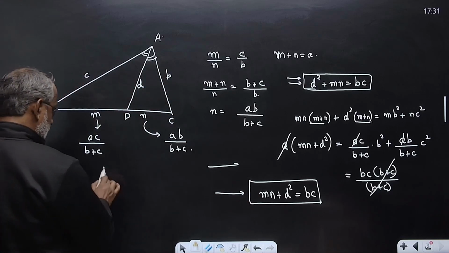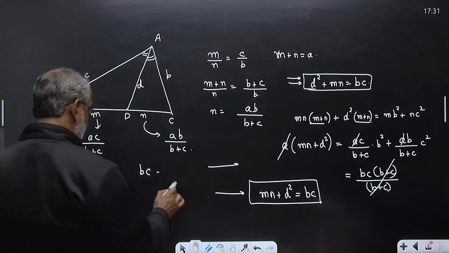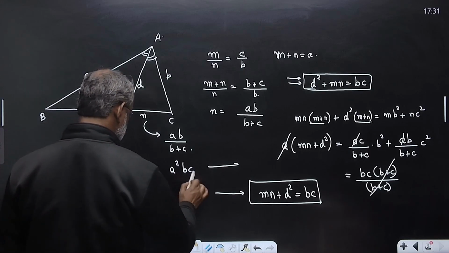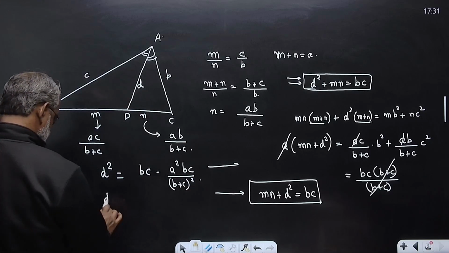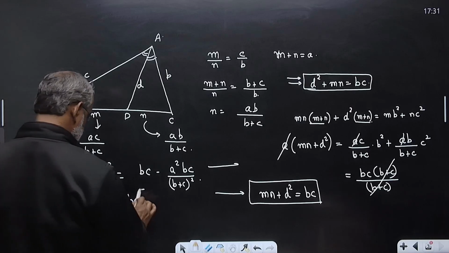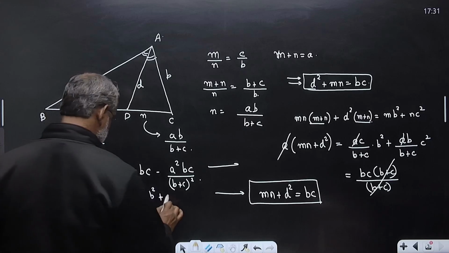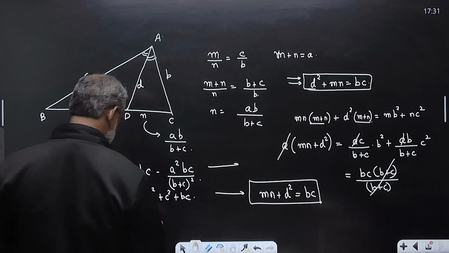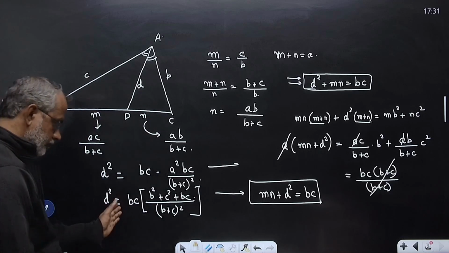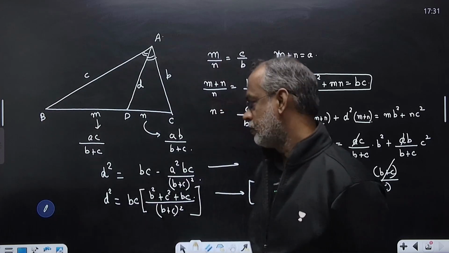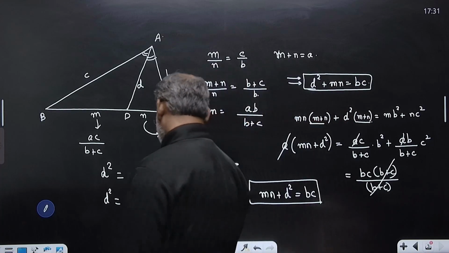If you write D square is BC minus MN, what is MN? You can write A square BC upon B plus C whole square, not a very viable thing to remember.